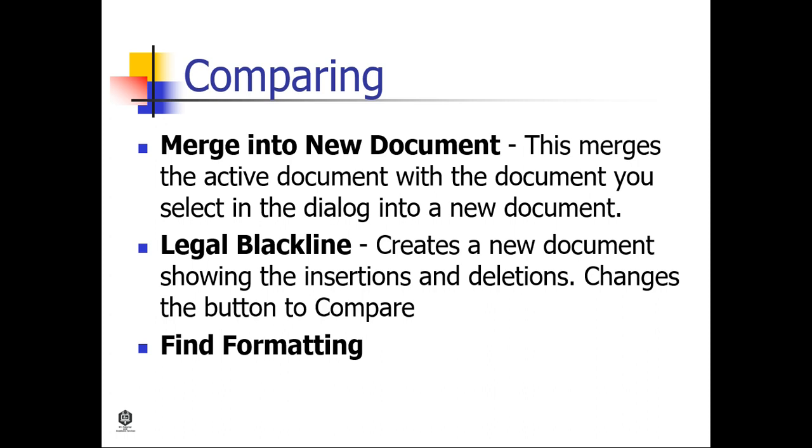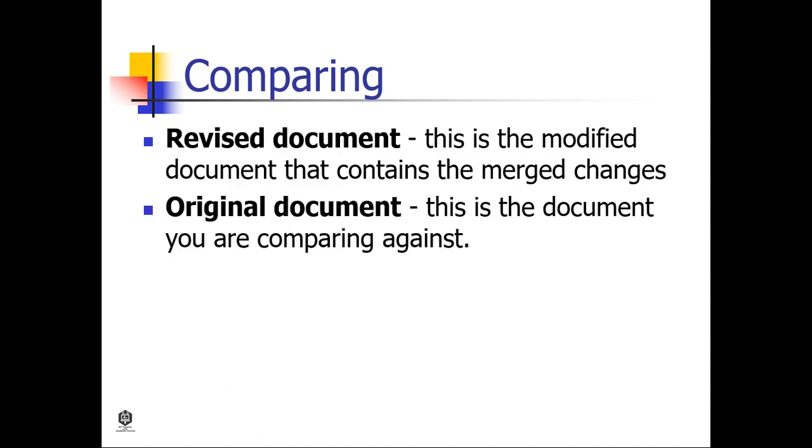Legal blackline creates a new document showing the insertions and deletions, and changes the button to Compare. Another option is Find formatting. There is also the revised document, which is the modified document that contains the merged changes, and the original document, which is the document you are comparing against.